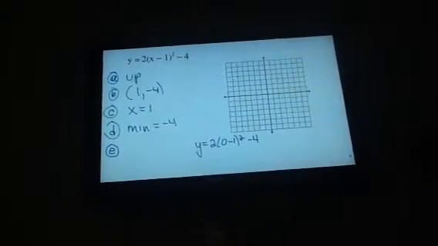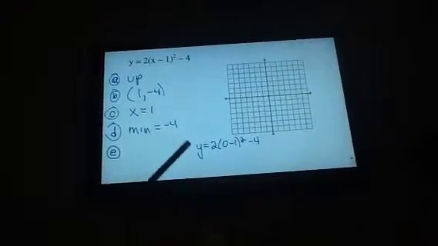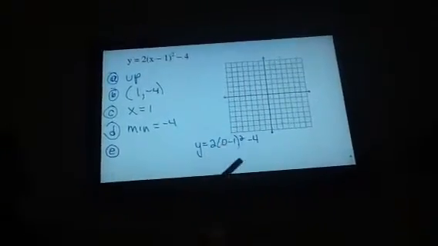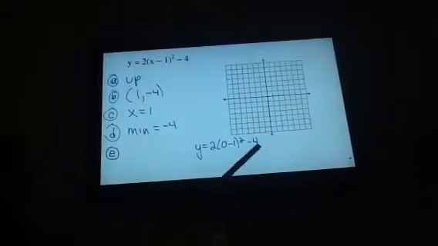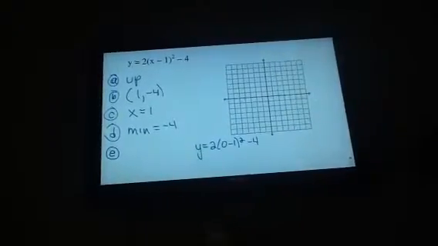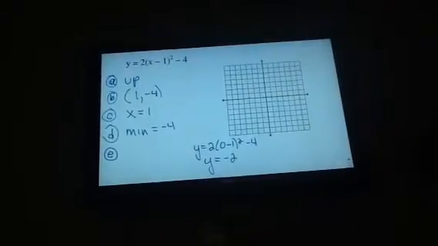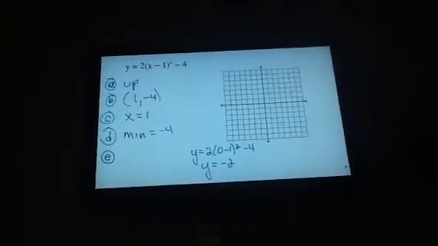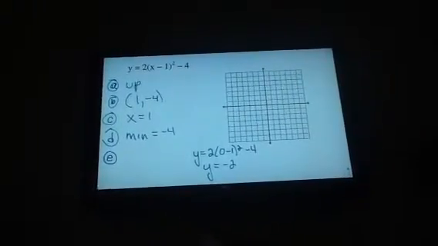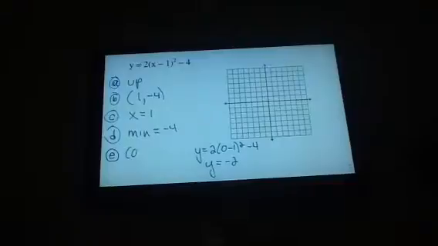And then I would just take that as it appears, exactly, 2 parentheses, 0 minus 1, close your parentheses, square it, minus 4, punch that into your calculator, and you're going to get negative 2. So I have y equals negative 2. That's my y-intercept.